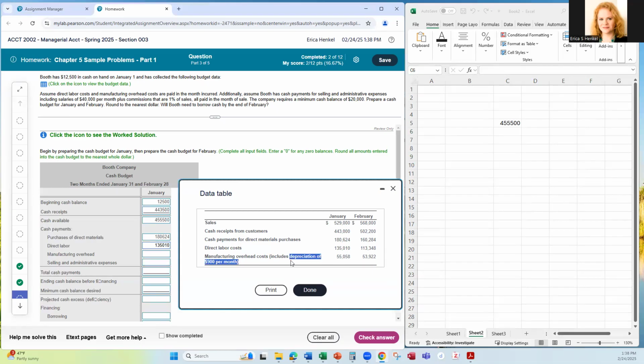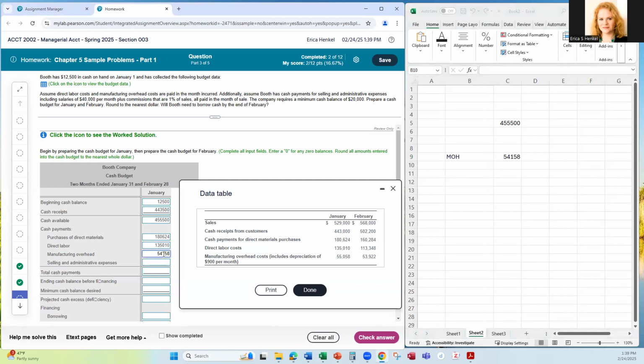Depreciation is not a cash expense, so we need to subtract it out to arrive at the cash manufacturing overhead. Our manufacturing overhead is 55,058. We subtract the non-cash depreciation expense, because the cash for the depreciation was expended when we purchased that fixed asset, and would be on our capital expenditures budget. So that gets us to 54,158.